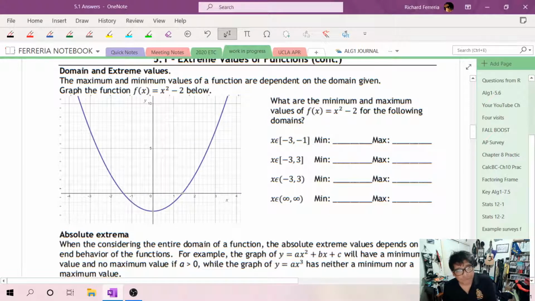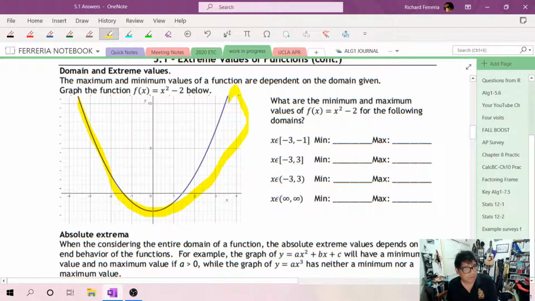We see domain and extreme values, and the domain makes a real big difference on what those extreme values are. We saw a little bit of that. Here we have the function x squared minus 2, and we're supposed to figure out the minimum and maximum value for the following domains.